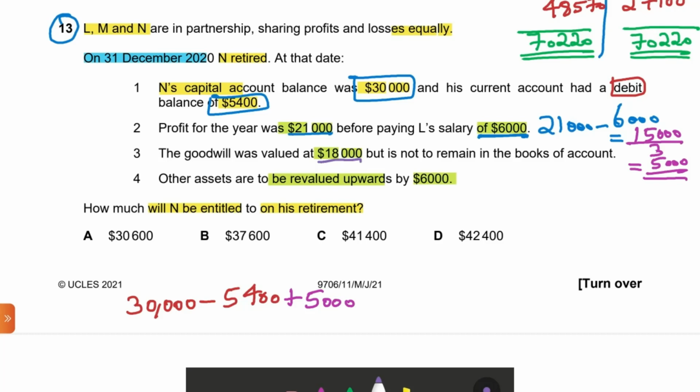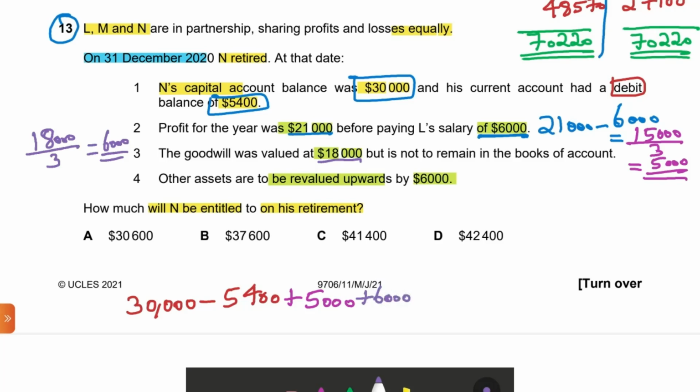So what is the portion of his goodwill? 18,000 divided by 3, 6,000 goodwill. He has to get 6,000 goodwill. We will add goodwill 6,000.